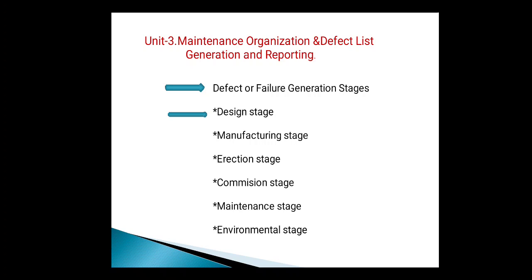So henceforth, these are the failure generation stages, very much important. In the exam, definitely they will ask for 7 to 8 marks: what are the failure generation stages, list and explain, like that. So you have to go through these stages.